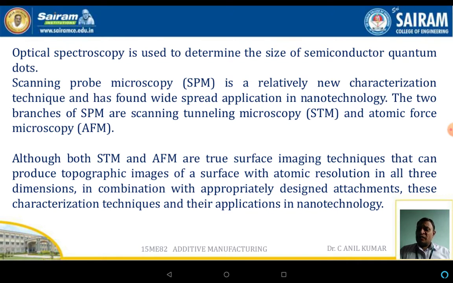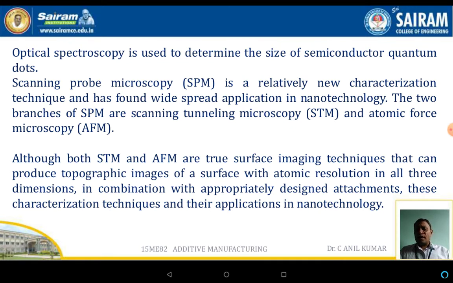SPM, scanning probe microscopy, is a relatively new characterization technique and has found widespread application in nanotechnology. The two branches of SPM are scanning tunnel microscopy and atomic force microscopy.